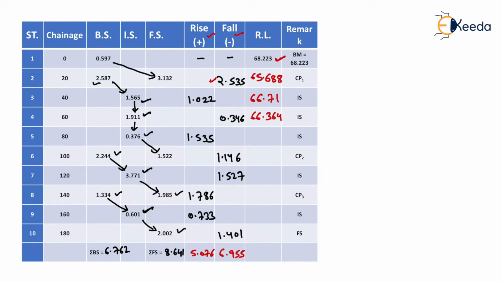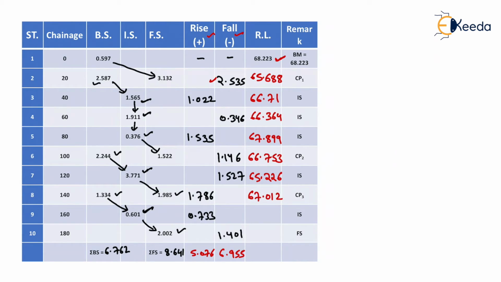Similarly, 66.364 plus 1.535, we will get 67.899. On subtracting 1.146 from 67.899, we will get 66.753. Similarly, 66.753 minus 1.527, we will get 65.226.